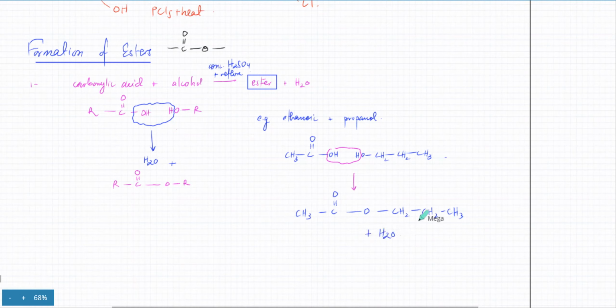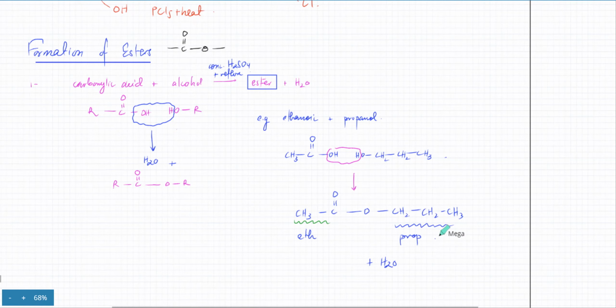And how do you name esters? Esters are named in two parts. One part is going to be around the ester link. You're going to divide the molecule into two parts. This is eth because it has two carbon atoms, and this side over here is three carbon atoms, so that is prop. So on both sides, count the number of carbon atoms and give the name of the initial prefix accordingly.